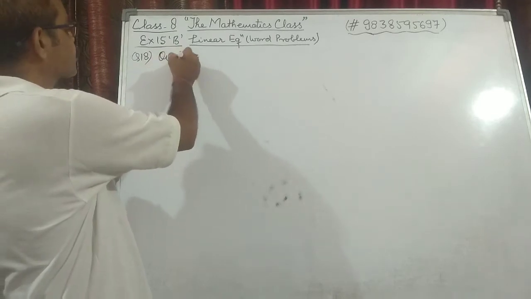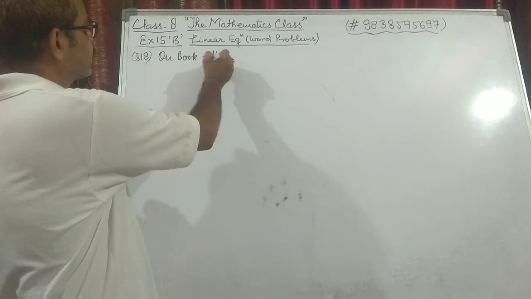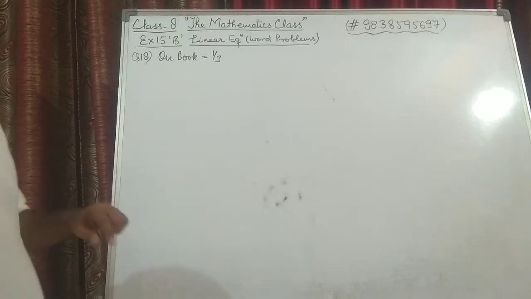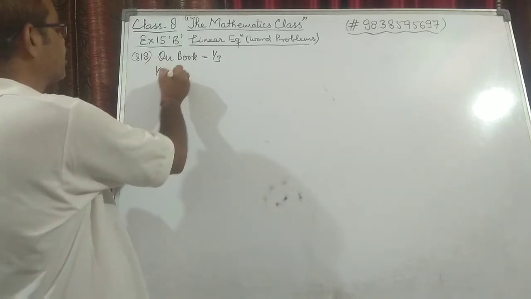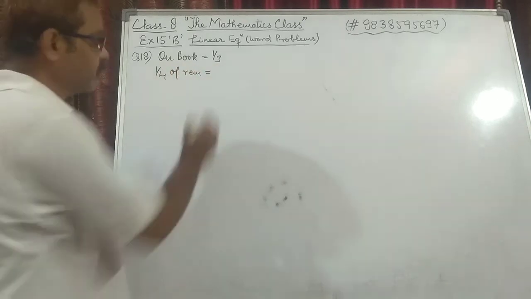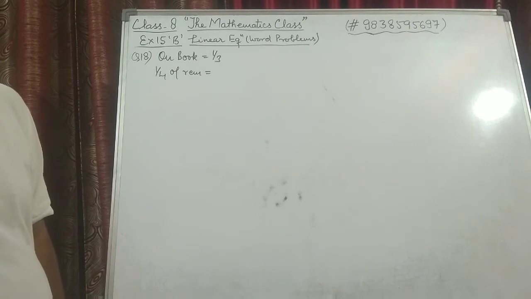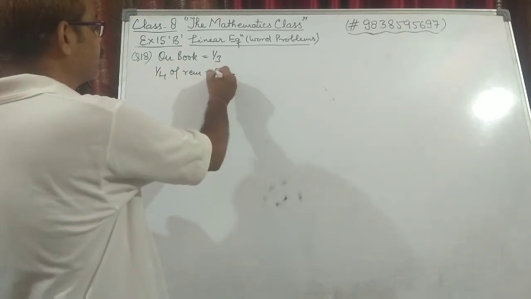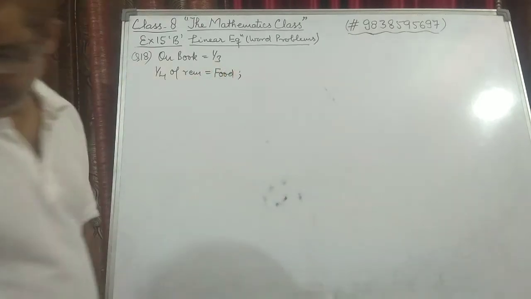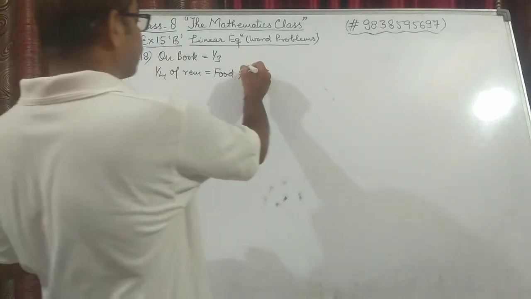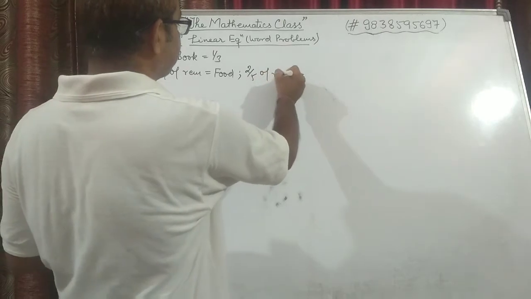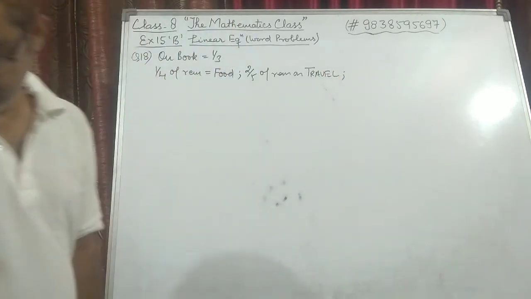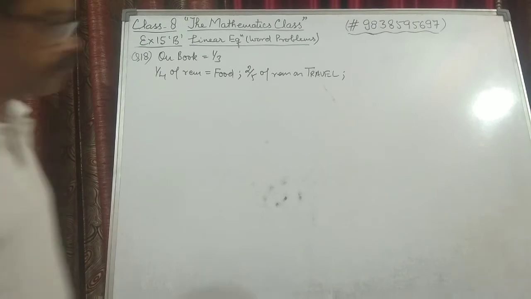Then 1/4 of the remaining he spends on food, and then 2/5 of the remaining on travel, and then they say he has 450 left.